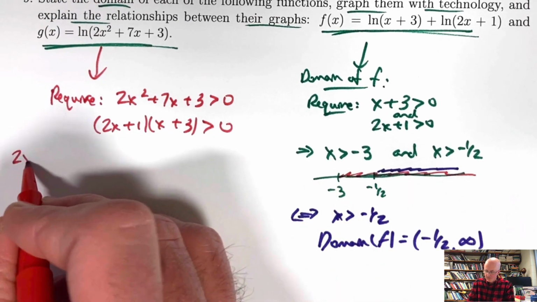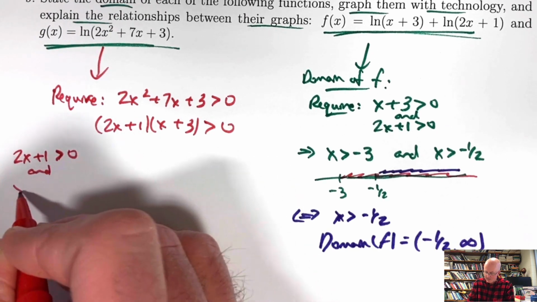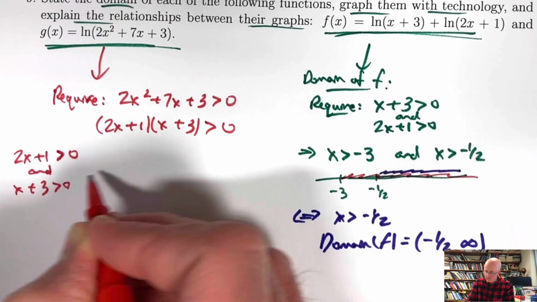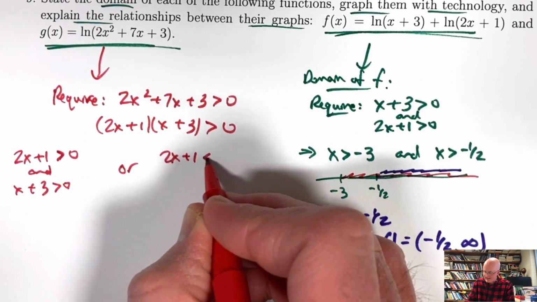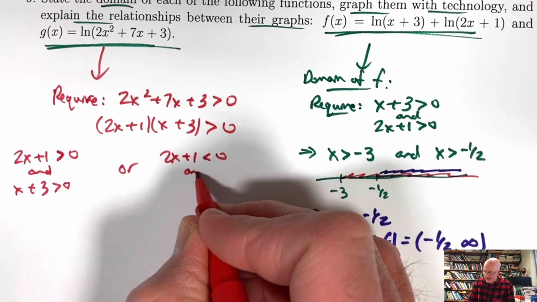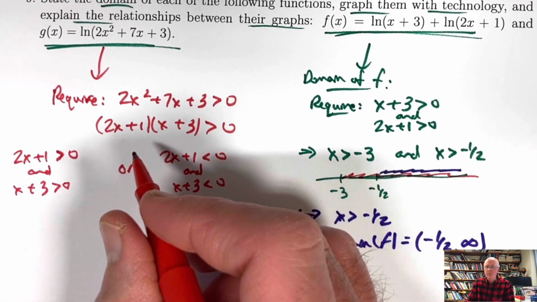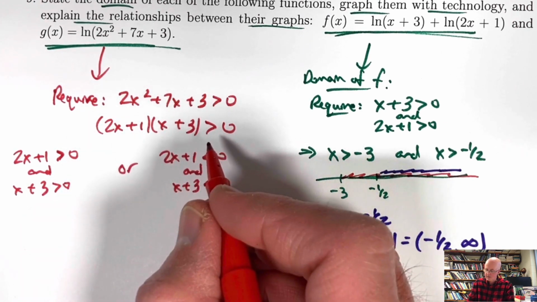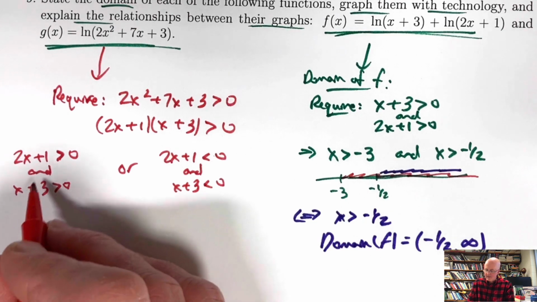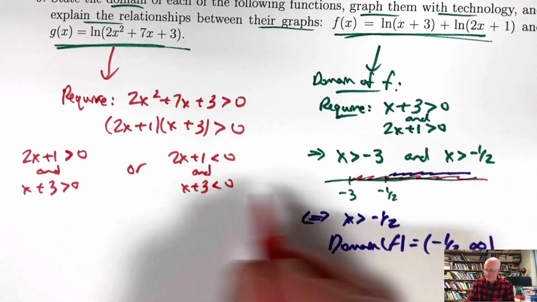Either 2x plus 1 is positive and x plus 3 is positive, or 2x plus 1 is negative and x plus 3 is also negative, because the product of two positive numbers is positive and the product of two negative numbers is also positive. These conditions over here are the same as these two conditions over here.